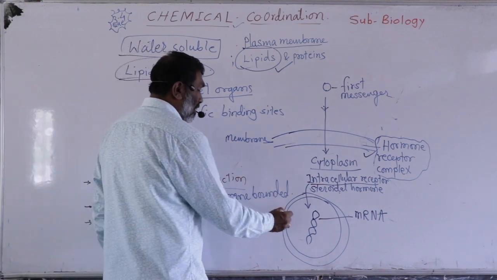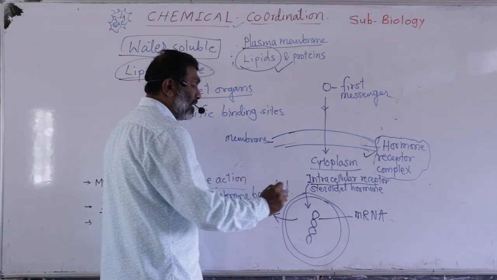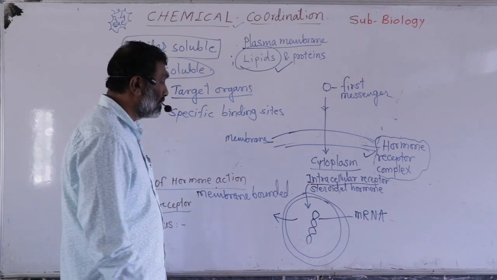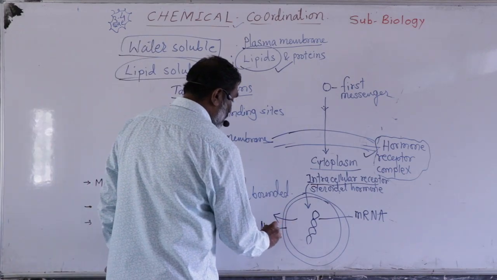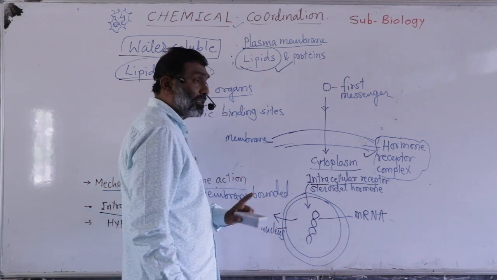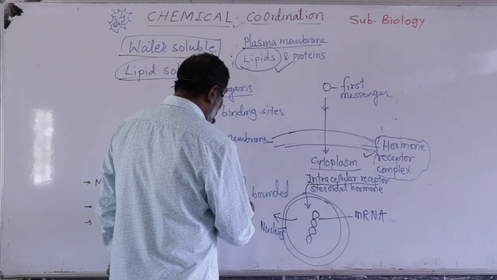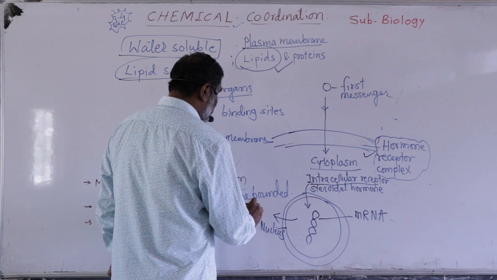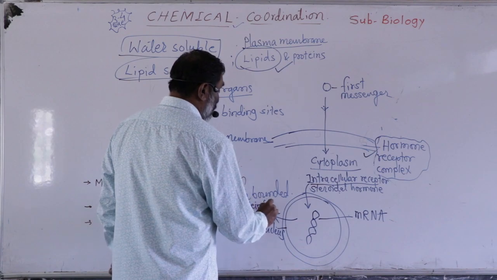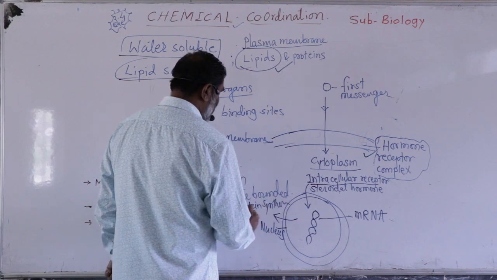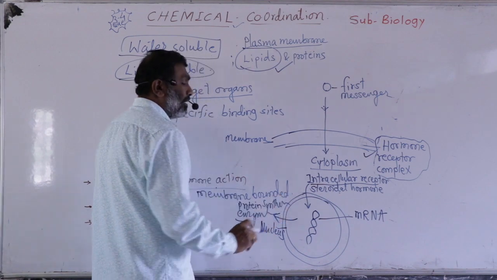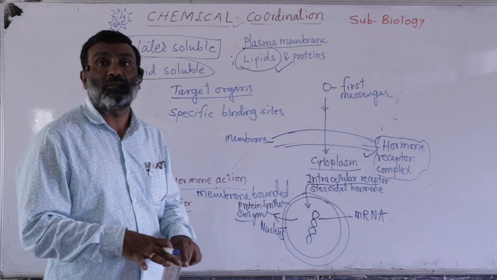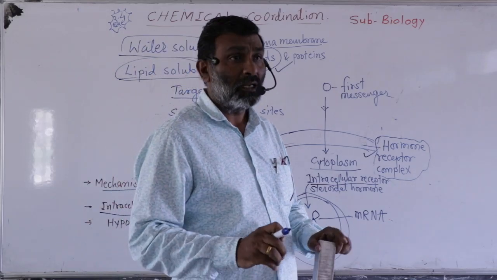This mRNA molecule comes outside the nucleus. This is the nucleus. It comes outside the nucleus, and then protein synthesis, meaning enzyme synthesis, occurs, and which carries out the actual physiological changes inside the cell.